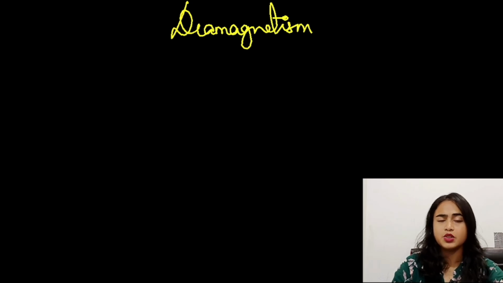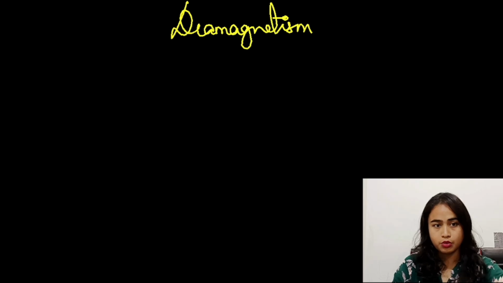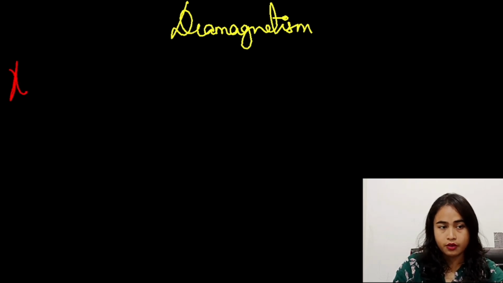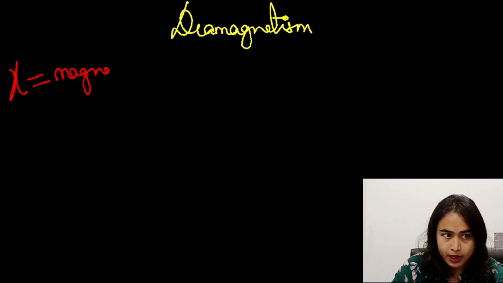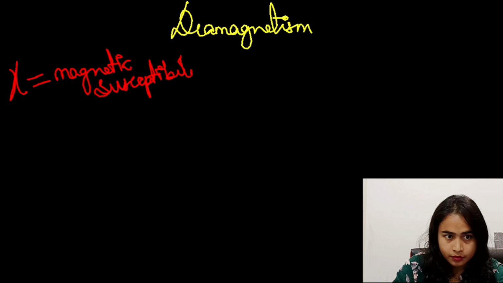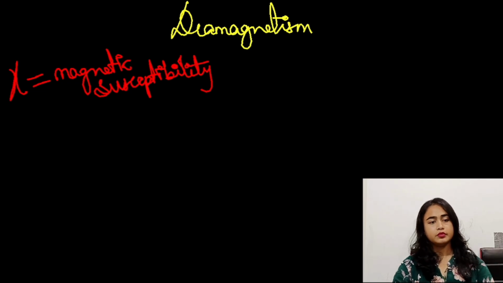Before I get into detail about diamagnetism, what I want you to know is this chi factor. It's a Greek alphabet, and it is actually a constant, named magnetic susceptibility.